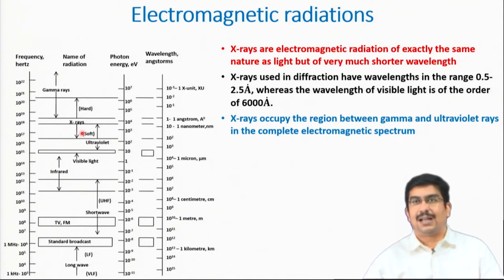The softer X-rays are not harmful to the human body up to an extent. Definitely I must put a statutory warning here that it is up to a level, up to a particular dose, that it is not really harmful to the human body, but that varies from person to person.